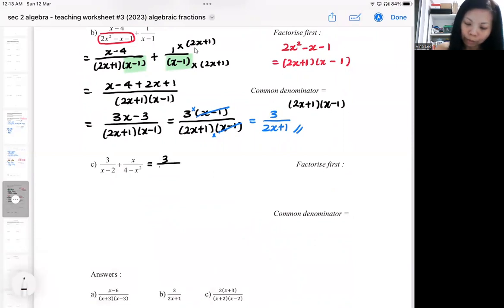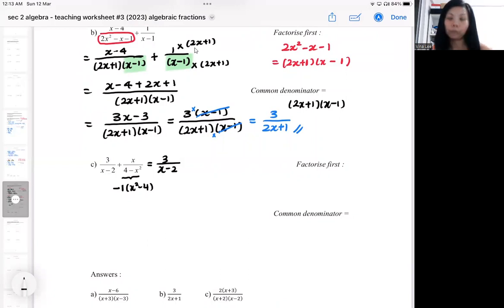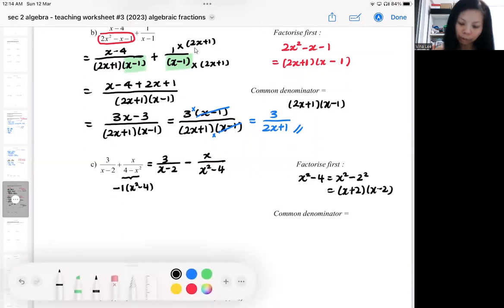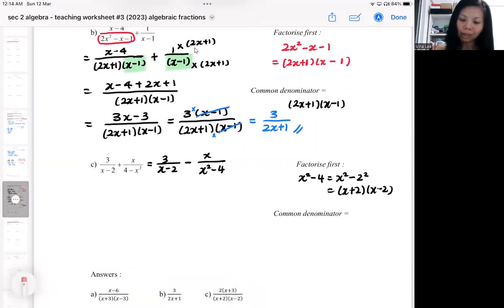I prefer to flip the other way. So I will get minus x squared minus 4. And for x squared minus 4, when I factorize, I will get the x plus 2 and the x minus 2. So I actually prefer to factorize out a negative.